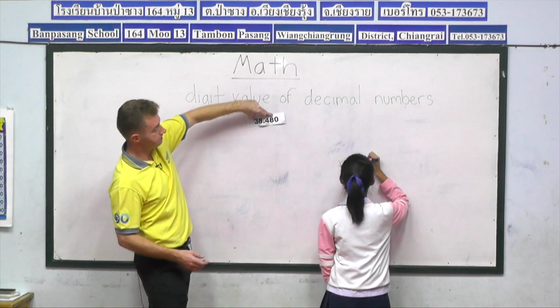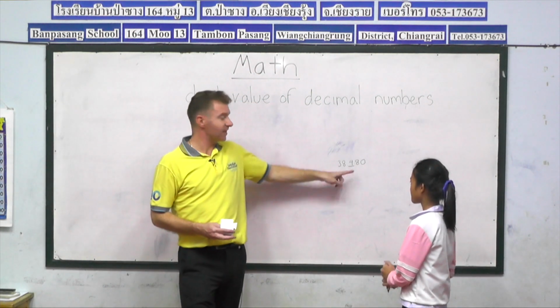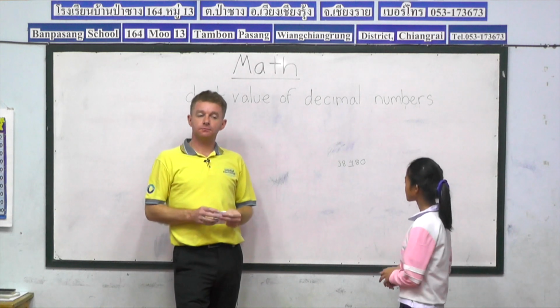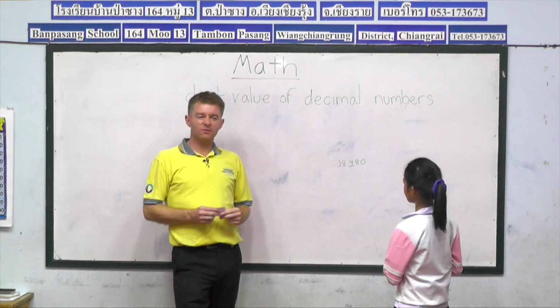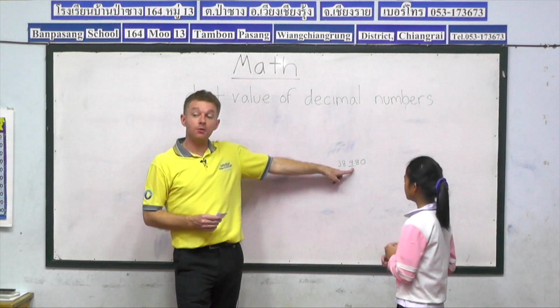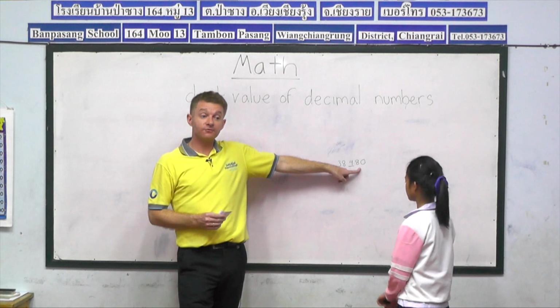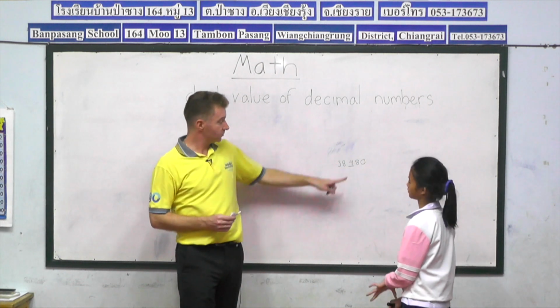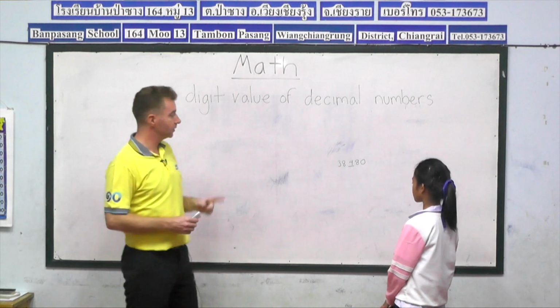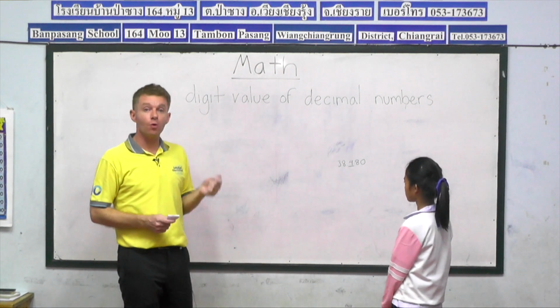38.480. Excellent. Okay, so the first number after the decimal point, what's the place value? Not thousands. Tenths, correct. The first place value is tenths. Second, hundredths, and then thousandths. So we've got 4 tenths. So what we need to do now is identify the digit value of the 4 only.